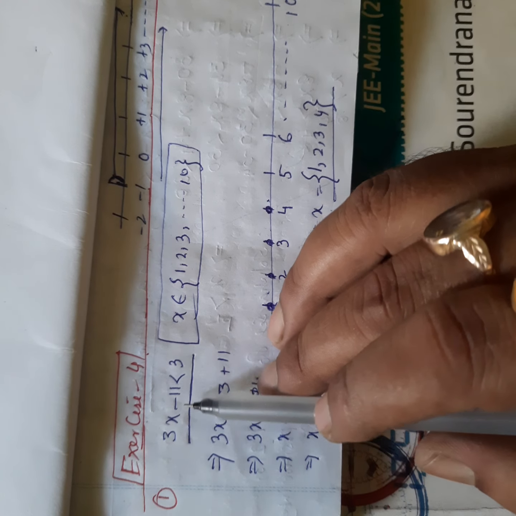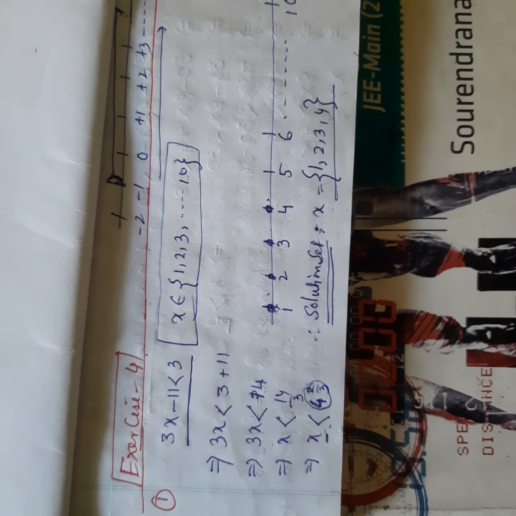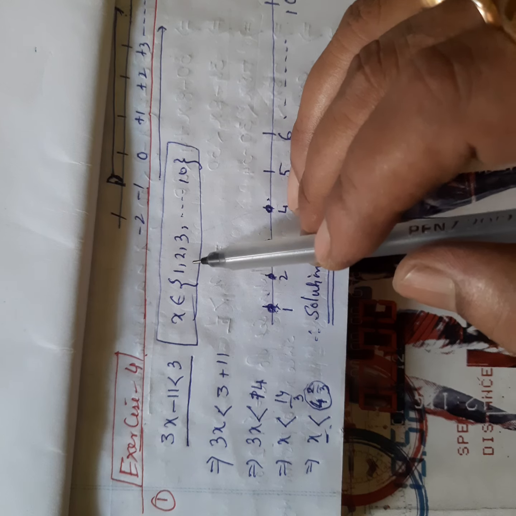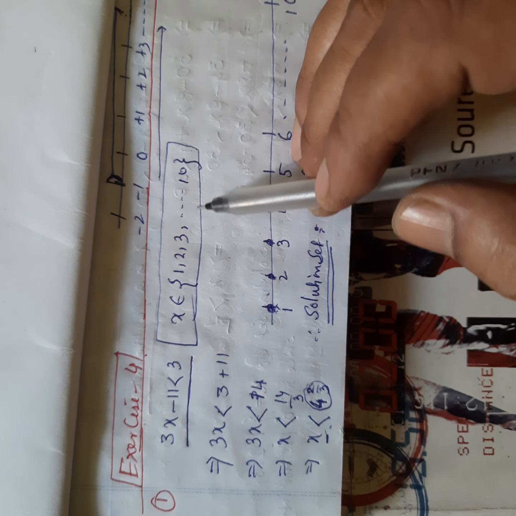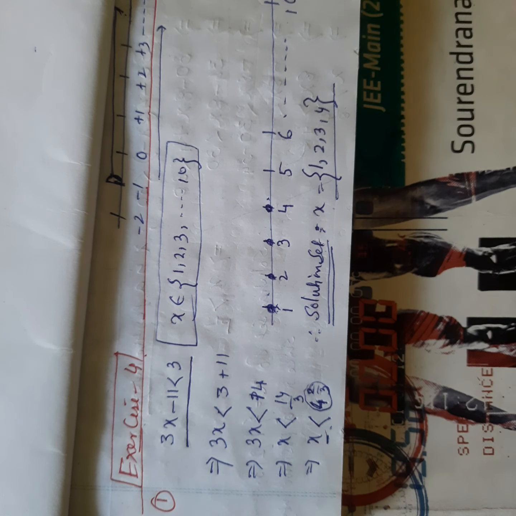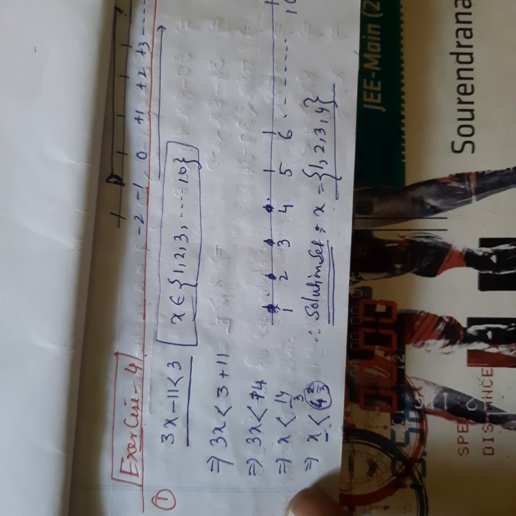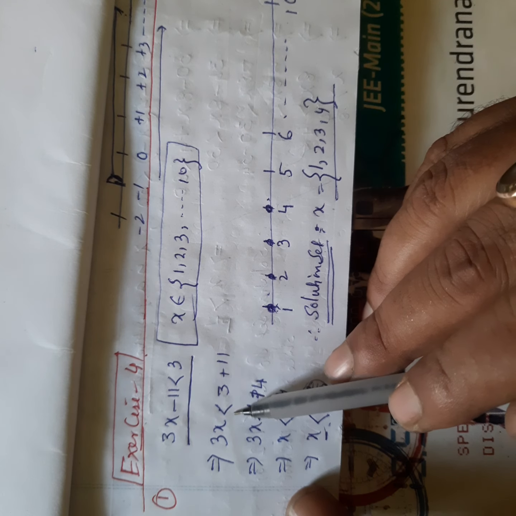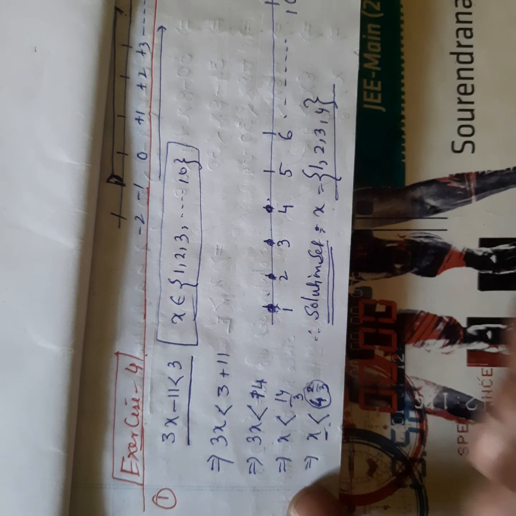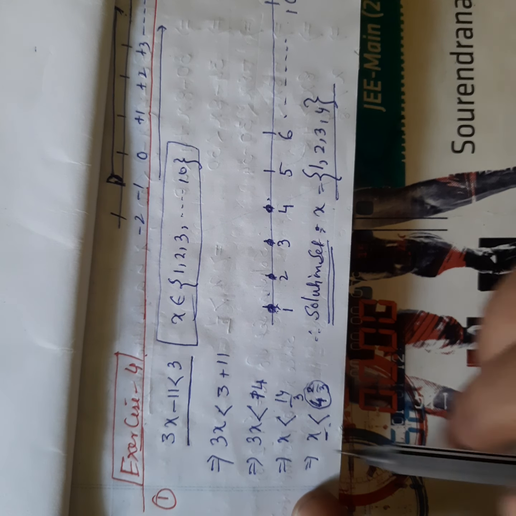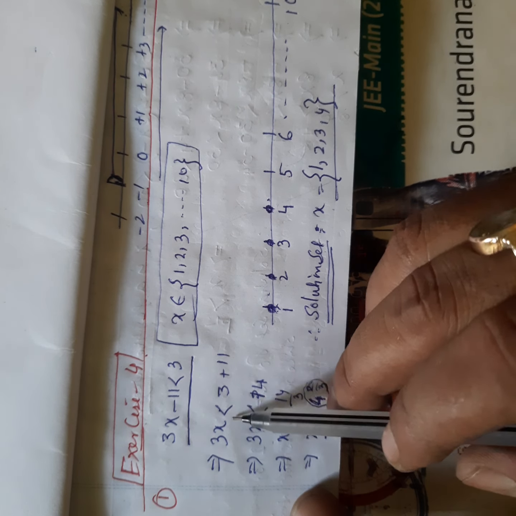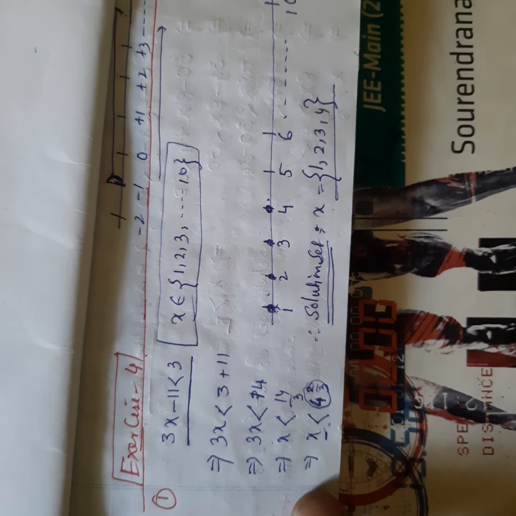Since 3x minus 11 less than 3 such that x belongs to {1, 2, 3, ..., 10}, we just treat this inequation as an equation and we can solve for x. This implies that 3x less than 3 plus 11.